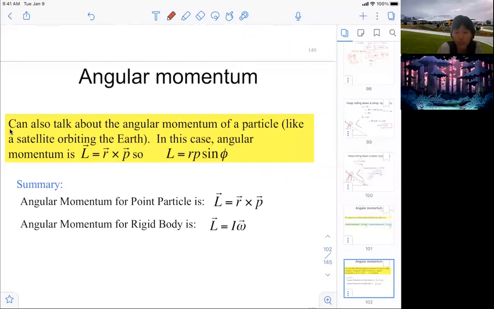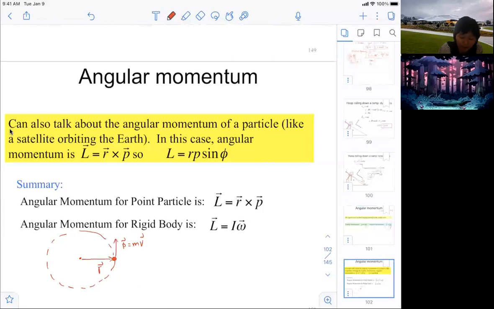Okay, so I'm going to draw a little diagram to show what I mean by r cross p. So let's say you have this little point particle going around in a circle, doing a rotational motion, and r is from the center of the rotation to the point of the object. So this is your r. Okay, p is linear momentum, mv. So velocity is this way, right? That's why p is here, mv. So r cross p gives us the angular momentum.